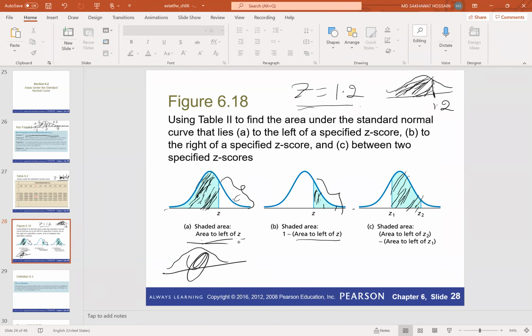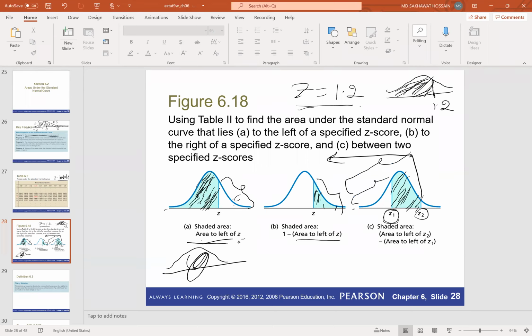Now how can we calculate the area in between two numbers? We have two Z scores, z1 and z2. If you look at z1, it will give you the area to the left, but we are not looking for this area. If you look at z2, it will give you the area to the left of z2.